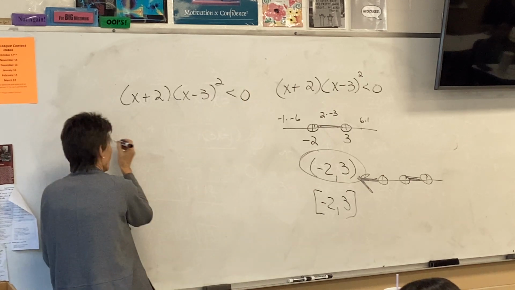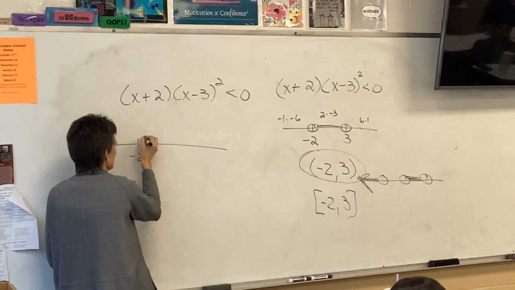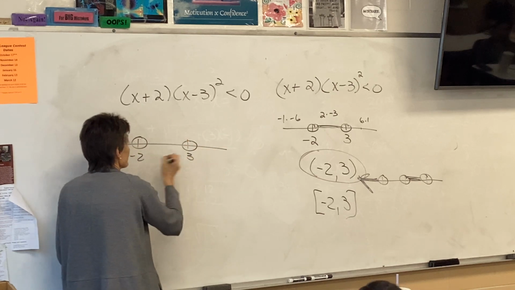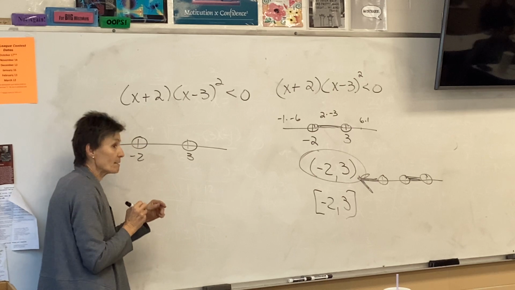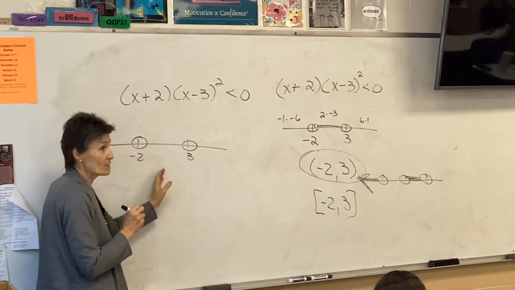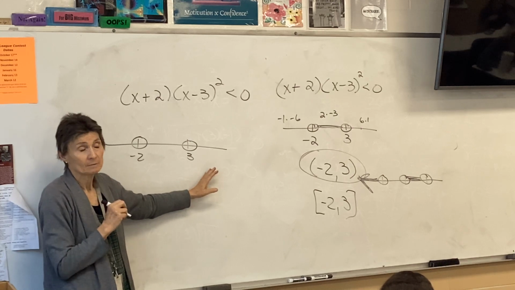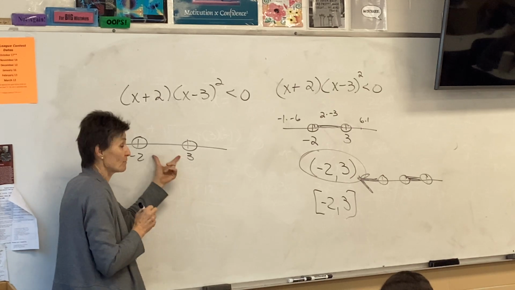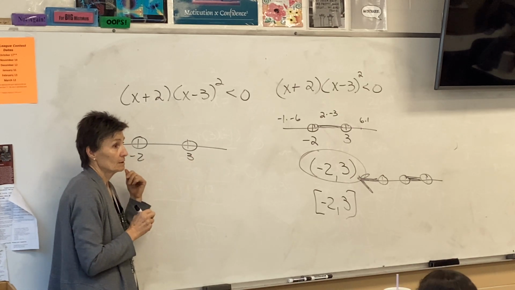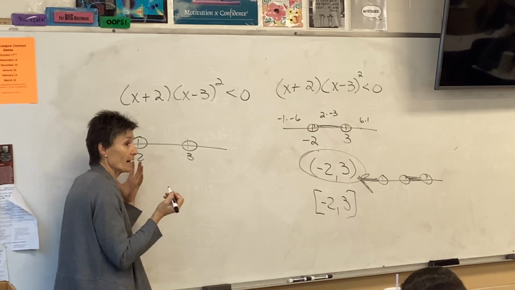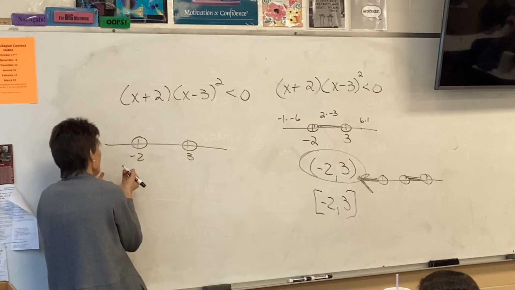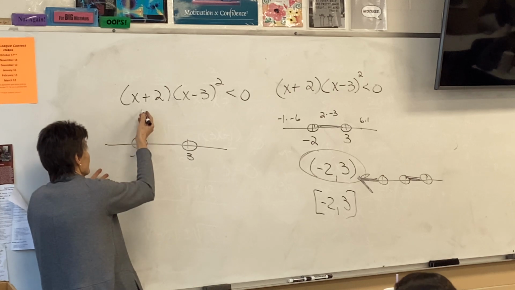So I'm going to go ahead and put my dots on here, -2 and 3. But I have to check every spot, because these don't skip. Sometimes you have two back to back. So I'll put in -3.